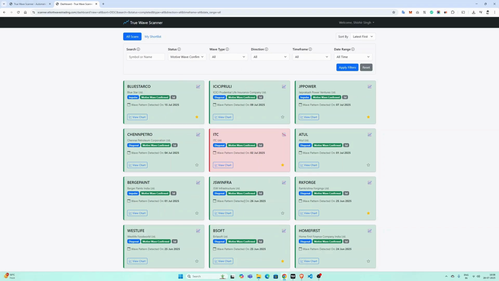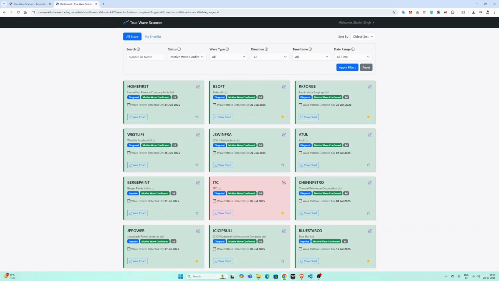The second thing I want to do after applying this is sort by oldest. Why am I doing this? Because I am interested in the setups which were identified a few weeks back. That would help me find setups where wave 2 has been in progress or maybe the third wave is in its early stages, right?